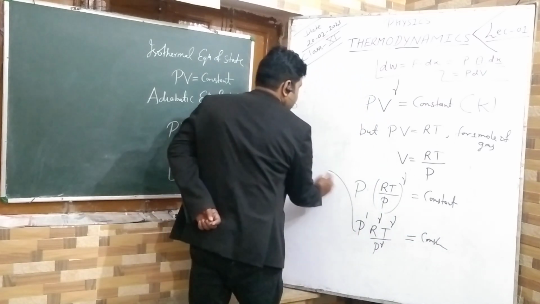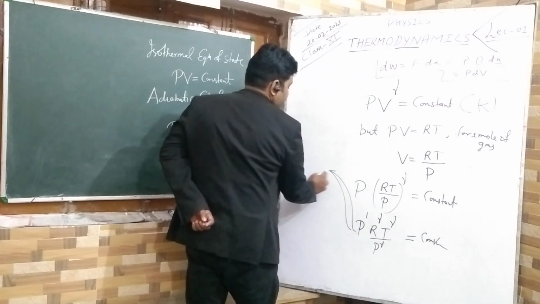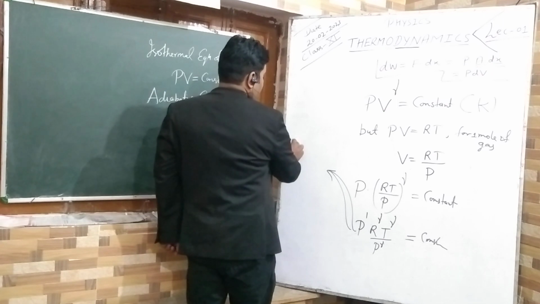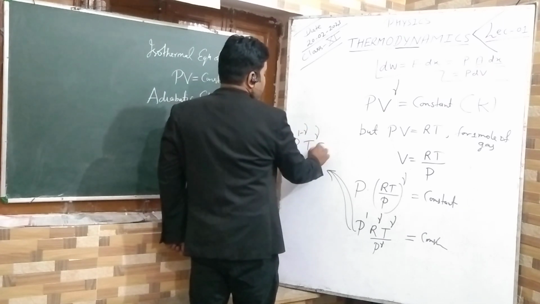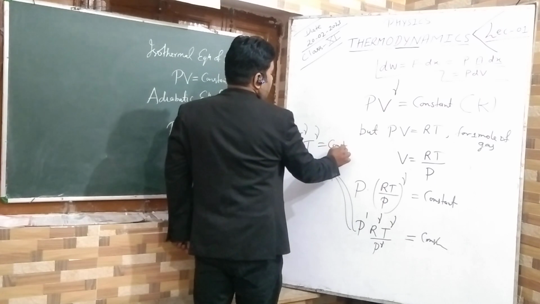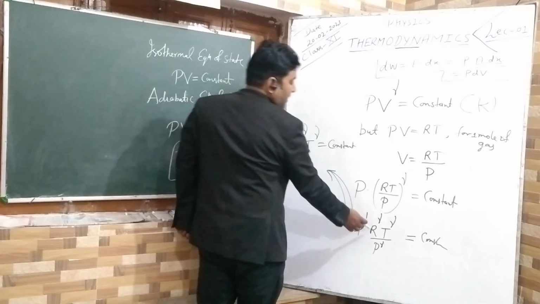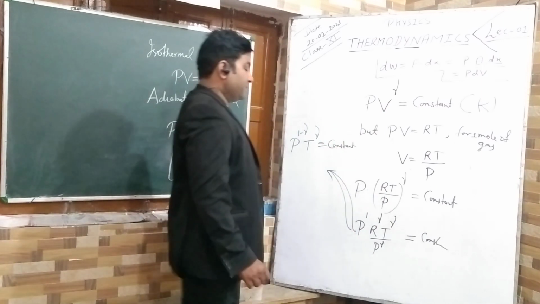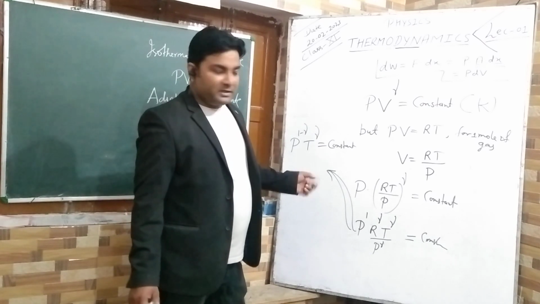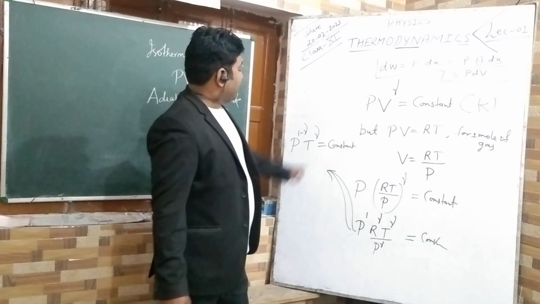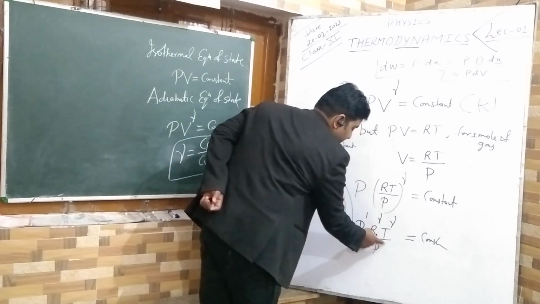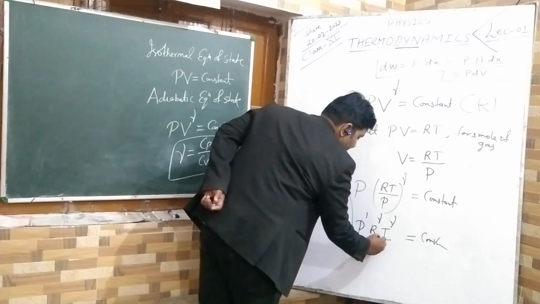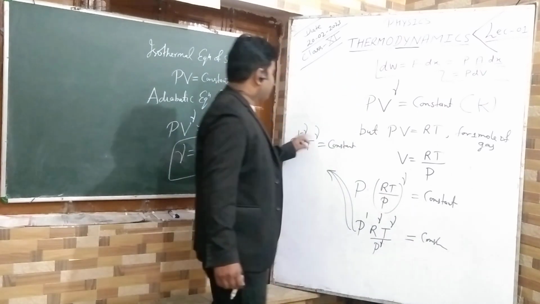Then the next step will be P to the power 1 minus gamma, T to the power gamma is equal to constant. This R to the power gamma transfers towards the right side, then constant upon constant will give another constant, and here this P to the power gamma transferred to the numerator side will be minus gamma, then 1 minus gamma.